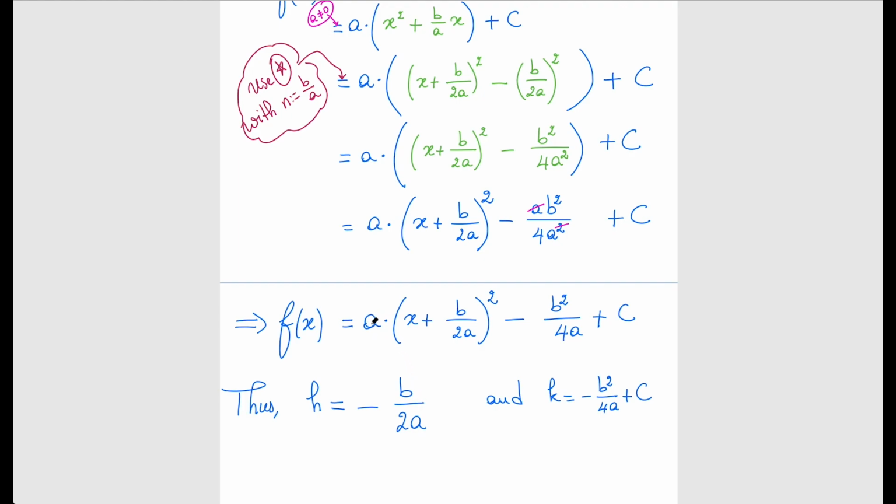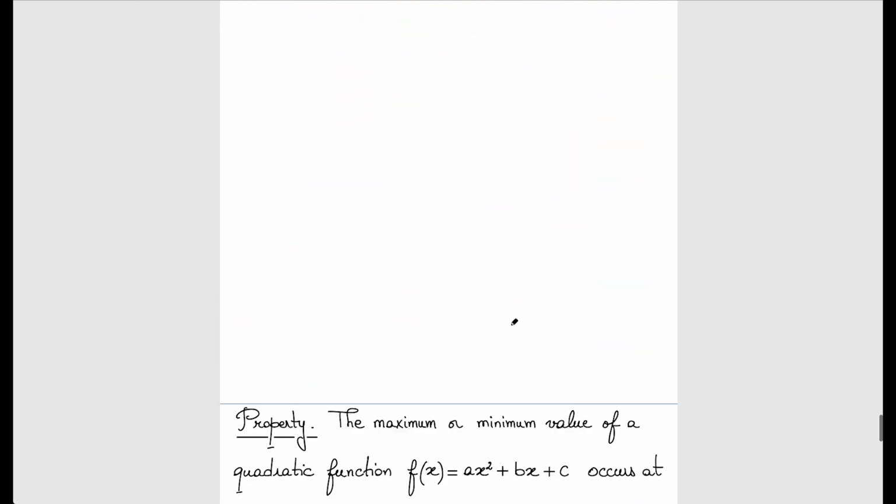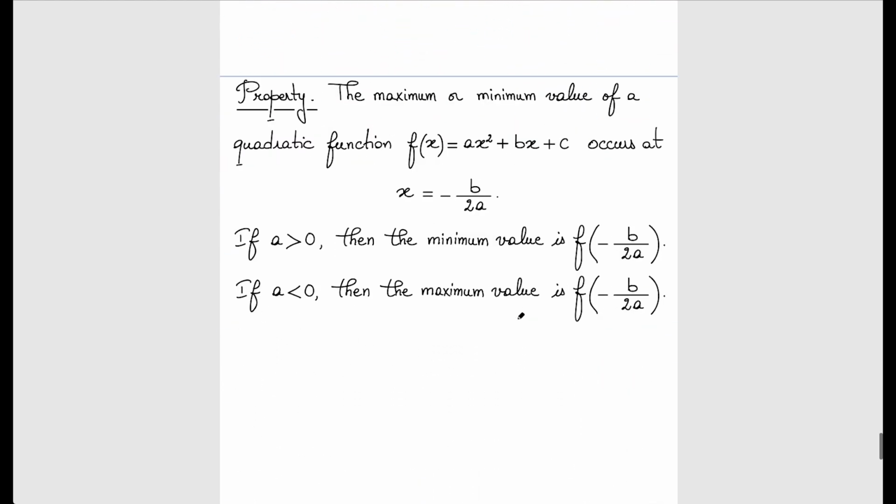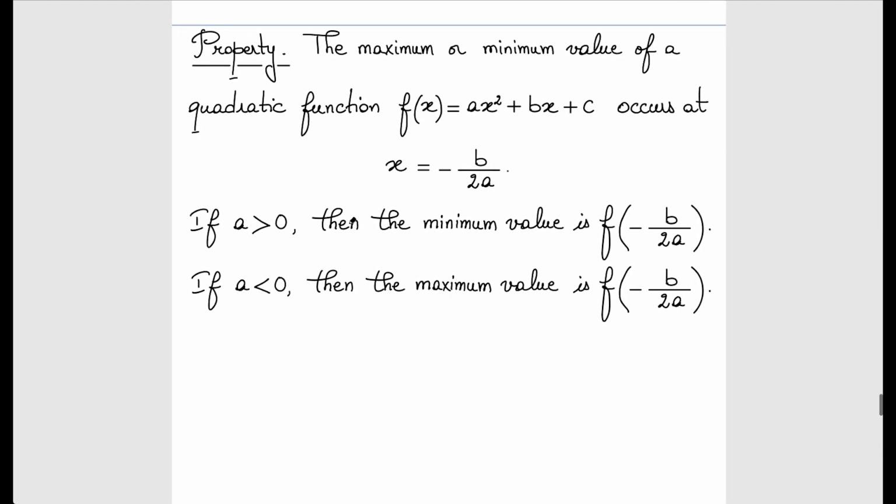If little a is negative, then the function is going to attain its largest value at h, so f of negative b over 2a is going to be the largest value, and if a is actually positive, then f of that guy is going to be the lowest value that the function takes. Correct? So that's the next property, the one I just talked about.